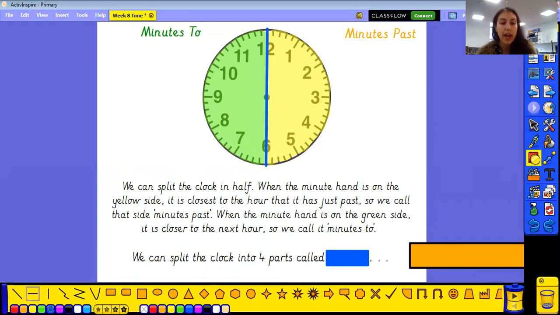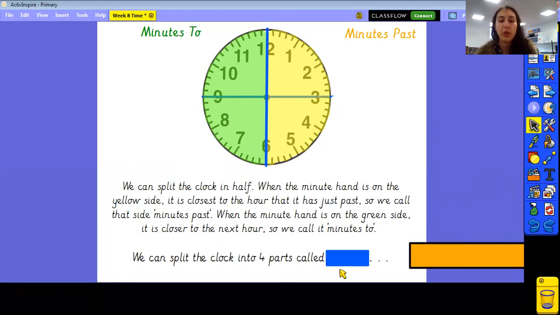Now have a think back to last week when we learned about fractions. What do we call it when we split something into 4 parts? Well done if you remembered that 4 parts is what we call quarters. Super. So you can see now that when our blue hand moves from here to here, it has moved 1/4.